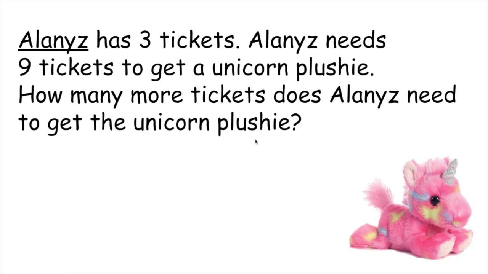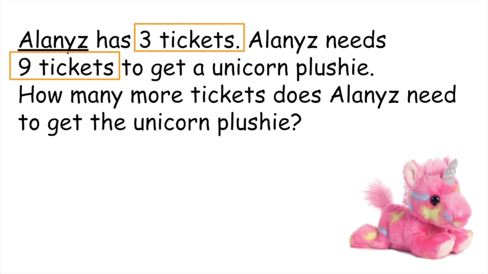Now that I added in our numbers, what are the important numbers and what do they mean? Correct. Our important numbers are 3 tickets. So I put a box around 3 tickets and 9 tickets. So these are the important numbers of our word problem.